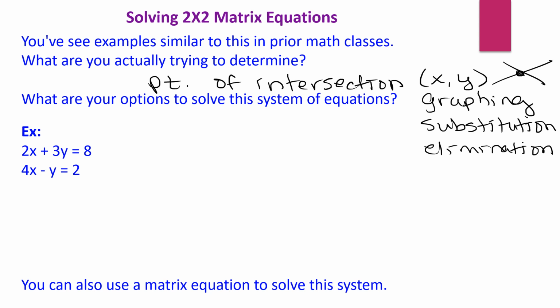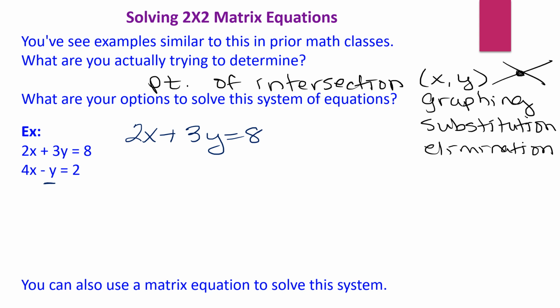Personally, in this example, we'll just run through it just to kind of brush up on some skills. I think the elimination method is easiest. Because I can make the y values be exact opposites pretty easily, or I could make the x's be exact opposites. So I'm going to go ahead and eliminate the y values. I'm going to keep the first equation exactly as it is.